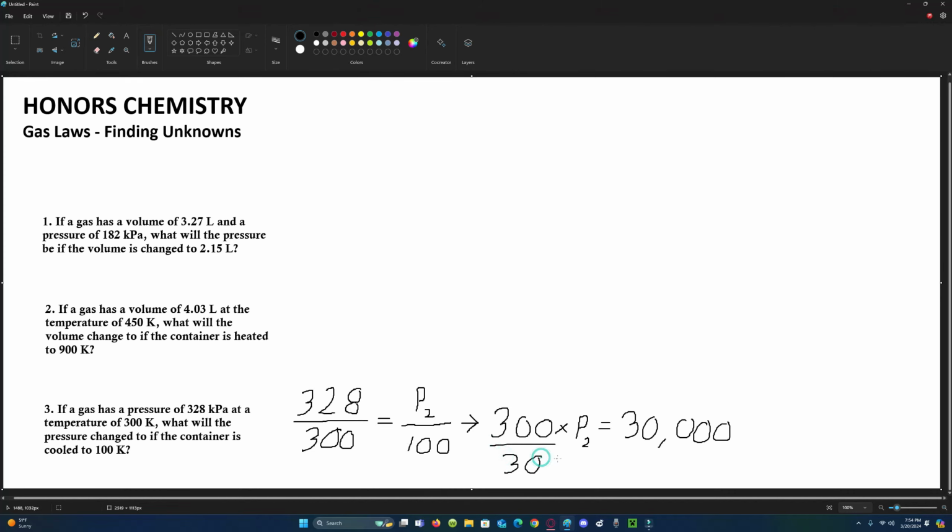We just divide by 300 on both sides, and that would give us an answer of P2 equal to 100. And to write down the unit of measurement, that would be then P2 is equal to 100 kilopascals.